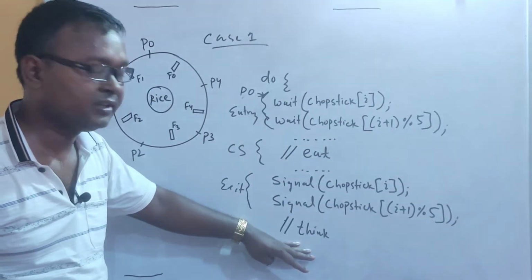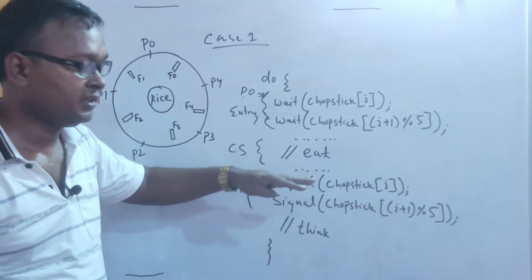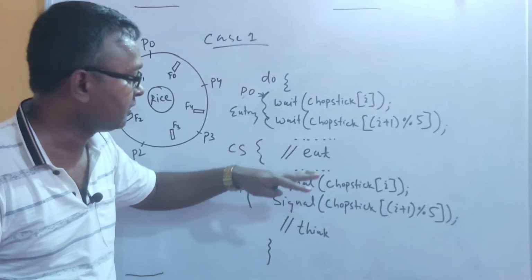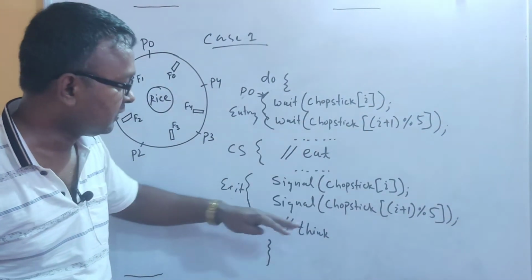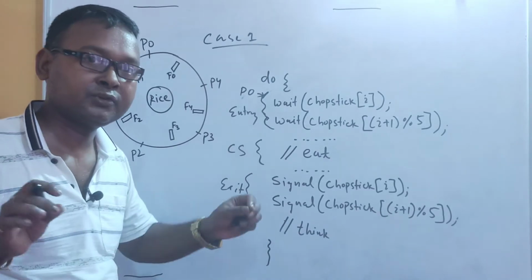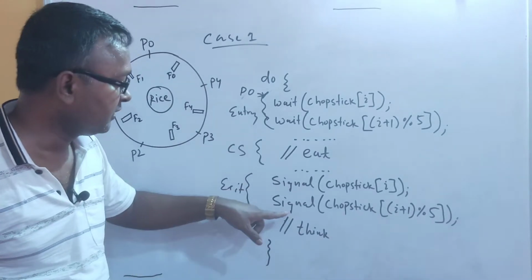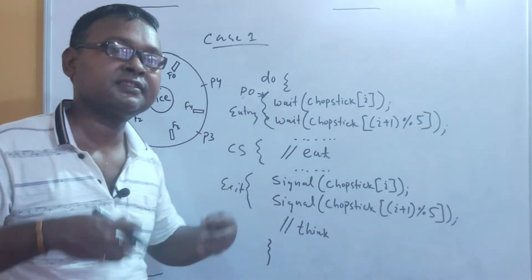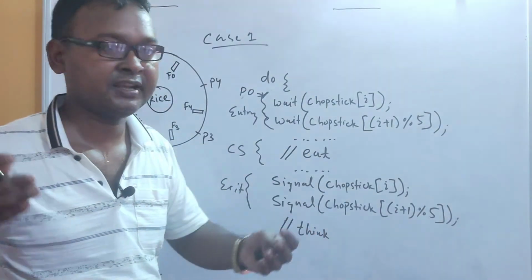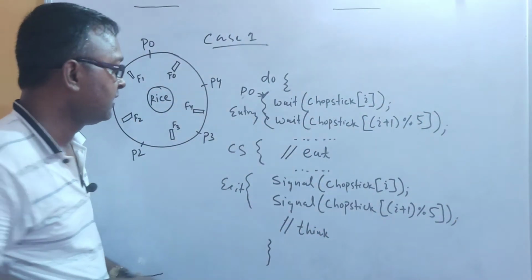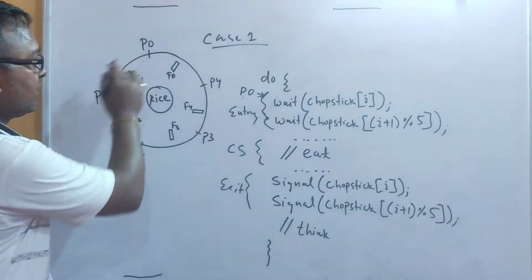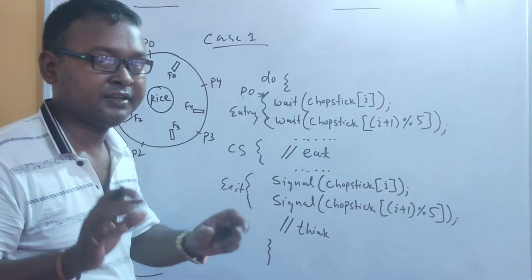Okay, that means he will be doing his usual work. He has quenched his hunger, put both chopsticks down on the table, then starts his philosophy activity, that means thinking. So P0 has completed its eating, right?